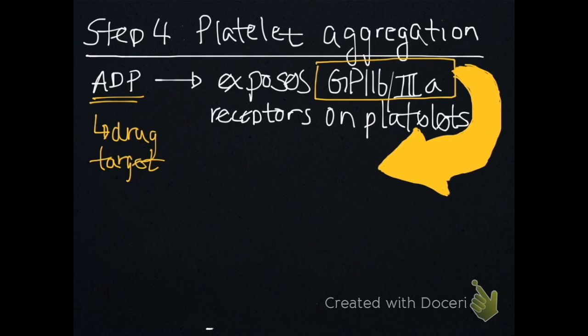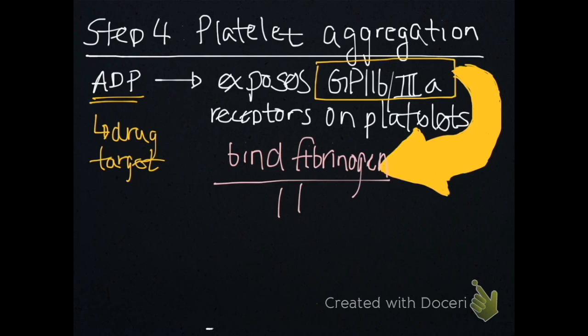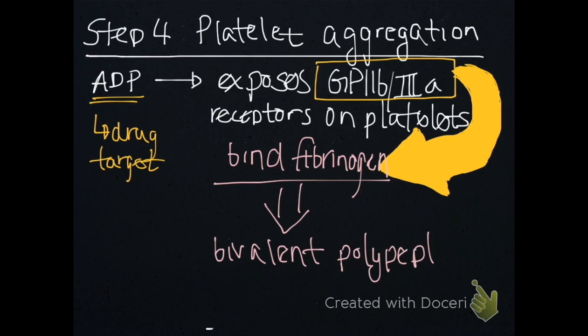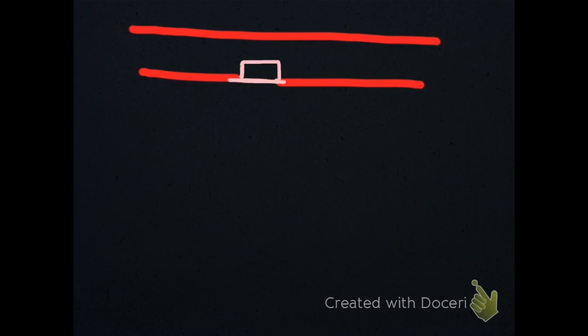Next, moving forward, when we think about glycoprotein 2b3a, it actually promotes platelet aggregation by binding to a bivalent polypeptide known as fibrinogen, also known as factor 1. The binding of glycoprotein 2b3a to fibrinogen, which, like I said, is a bivalent polypeptide, allows platelets themselves to come together with one another.